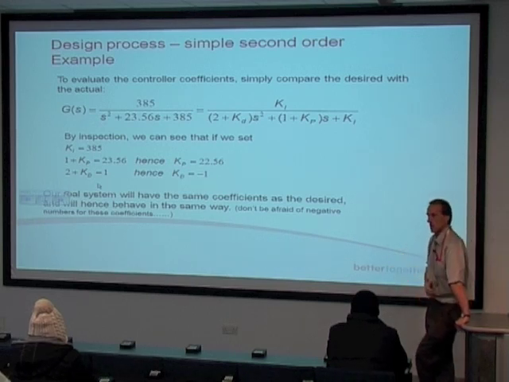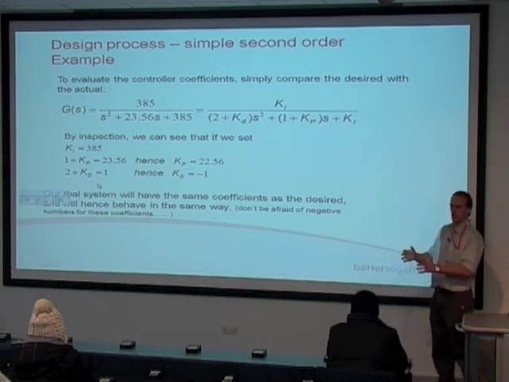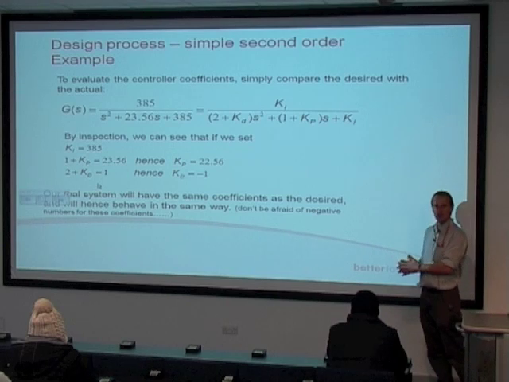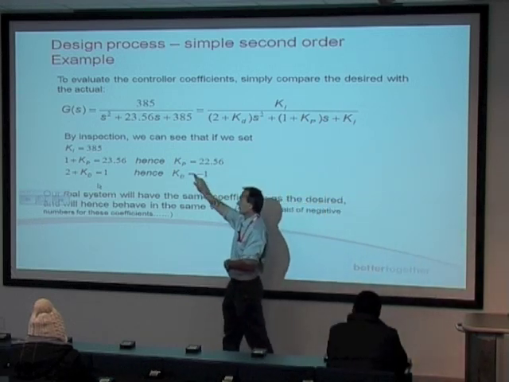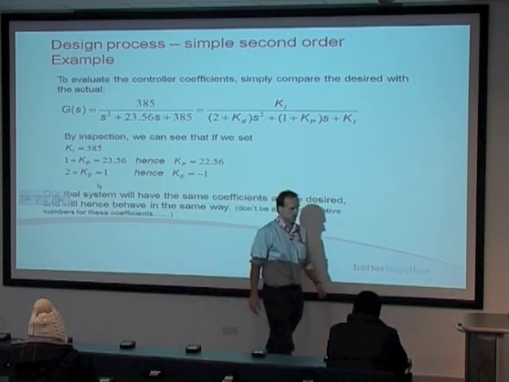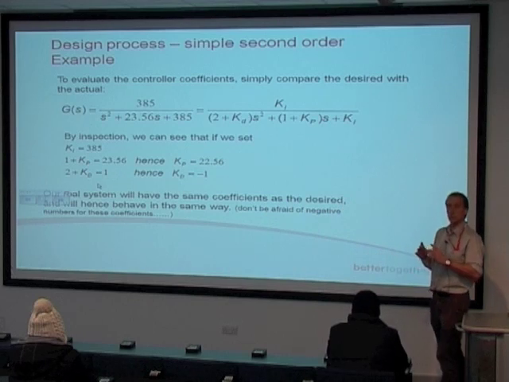Okay? There's a few assumptions behind that, which is assuming everything's linear and da-da-da, but let's just go with this straightforward case. So what I've done is I've got a method where I can choose values for these variables, that makes the transfer function what I want it to be.